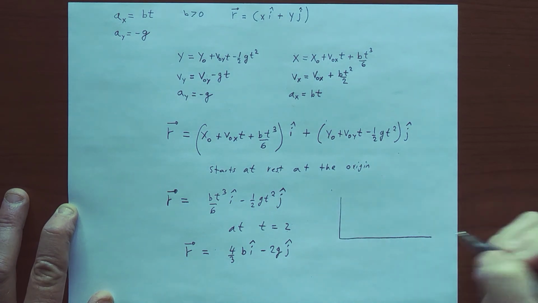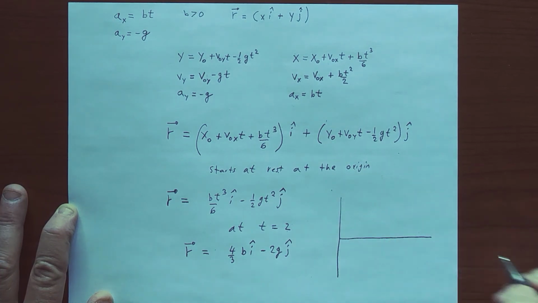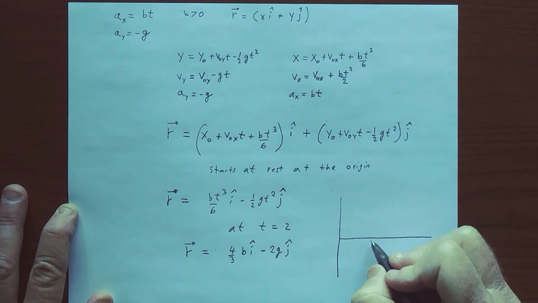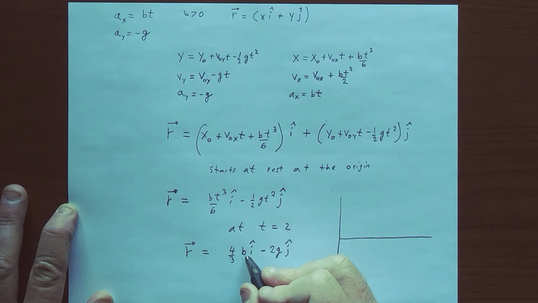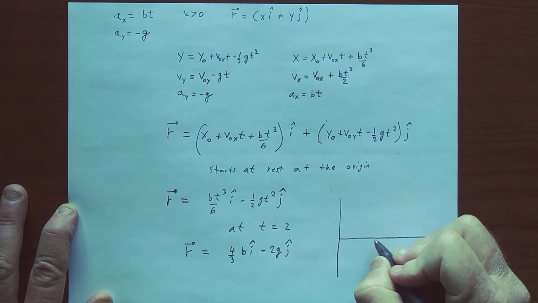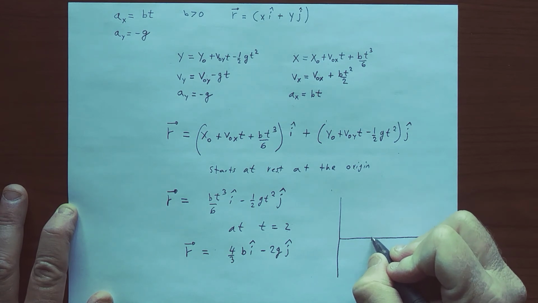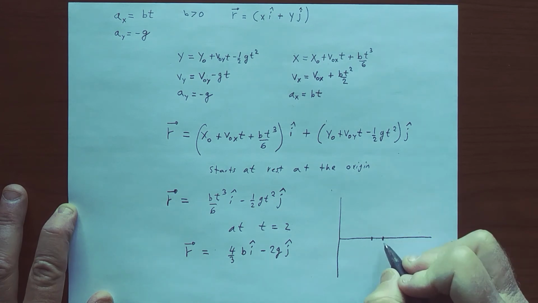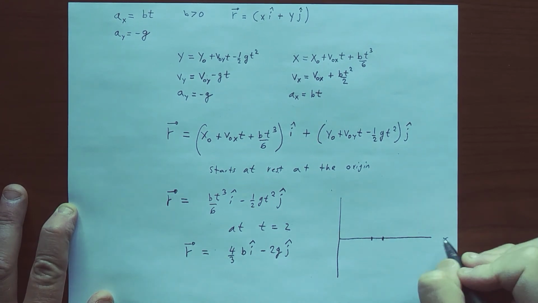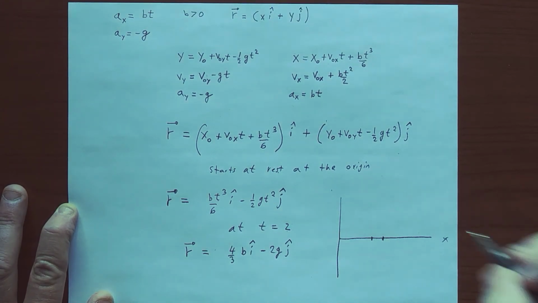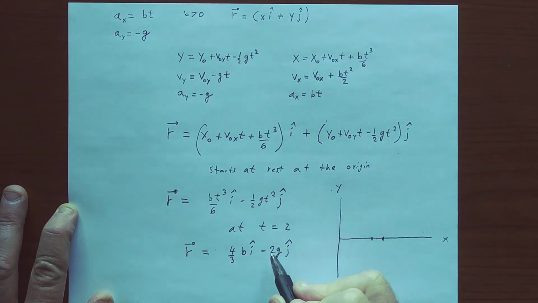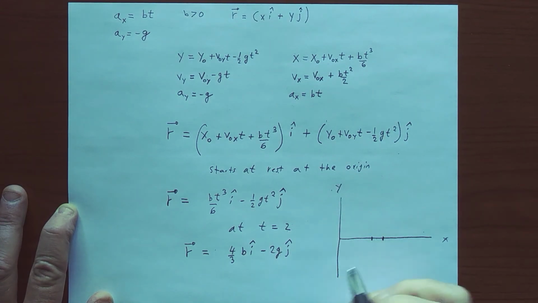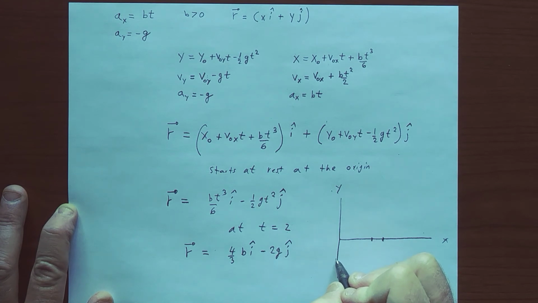So if we were to plot this, 4/3 b, right, it's a little bit larger than b. Let's say that b is somewhere like that. Then we are somewhere over here, a little bit larger than b in the x direction. This is x, and this is y. Minus 2g, let's say g is there, right?